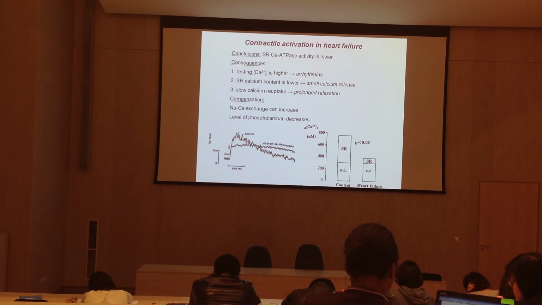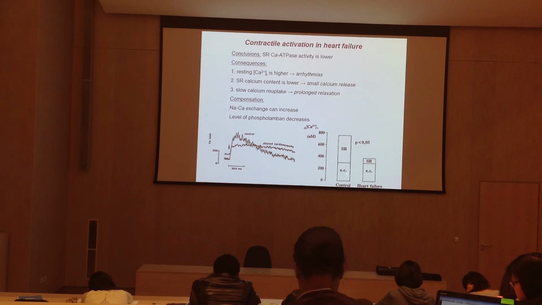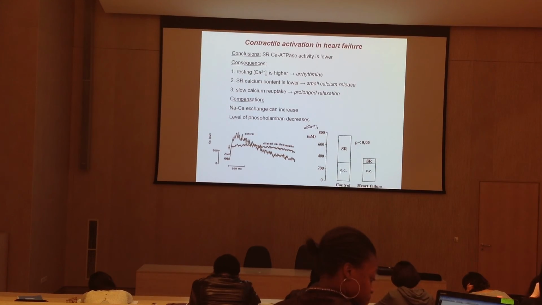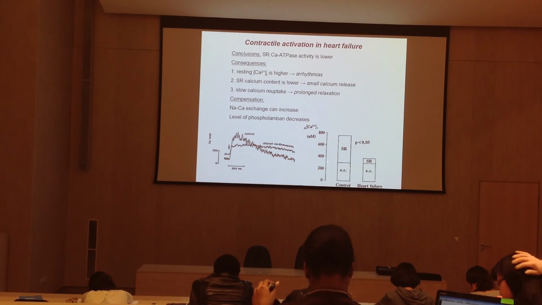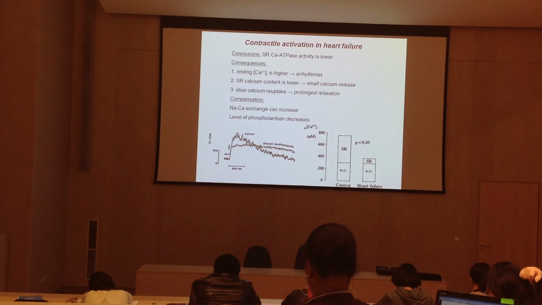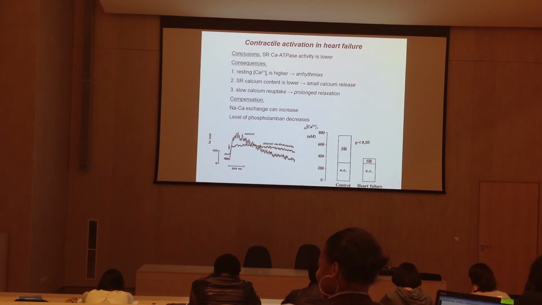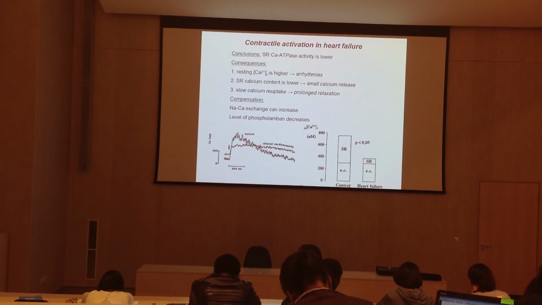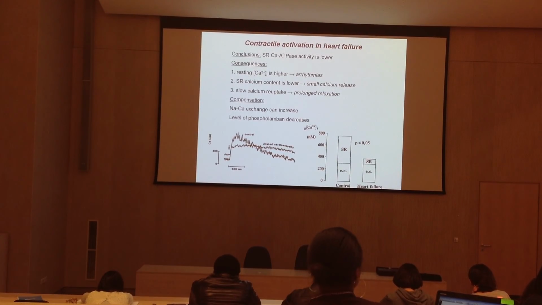Okay. This column diagram indicates the physiological situation, a healthy situation. This is the amount of calcium which originates from the extracellular space, and this is the amount of calcium released from the SR. If the calcium ATPase activity decreases due to heart failure, basically the calcium which enters during the plateau phase doesn't decrease because it's coming in easily.